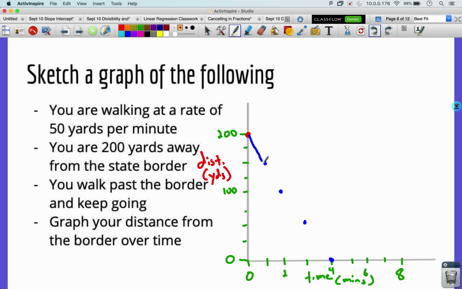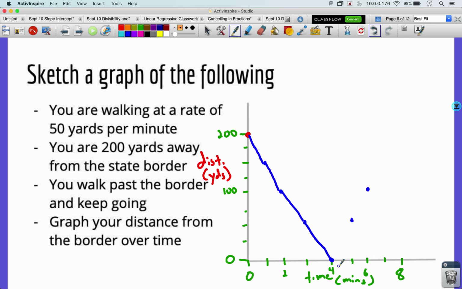At this point, as I walk past the border and continue on in a straight line, my distance from the border actually starts going back up again. It went down until I crossed it, and once I cross it, it starts going back up. So 1 minute later, now I'm 50 yards away from the border. 2 minutes later, I'm now 100 yards away.